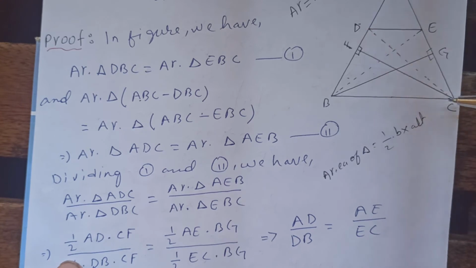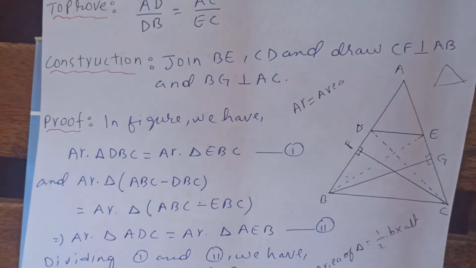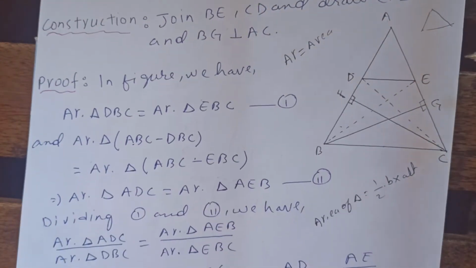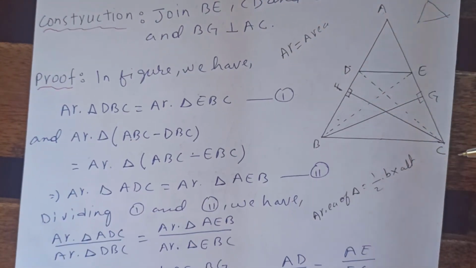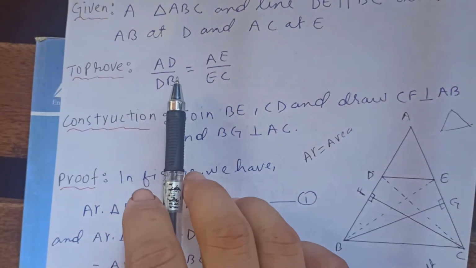This is ADC. So half into, I have to take the base to be AD, because what we are trying to prove is this one. That's why we have to take this base. You can take this base or this also, but we have to see what we are trying to prove.